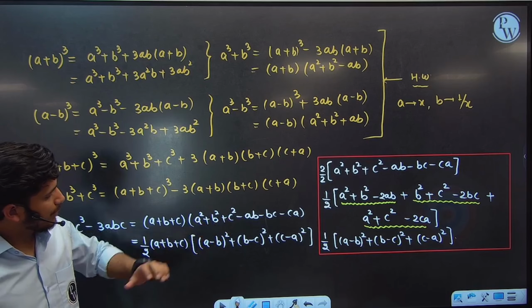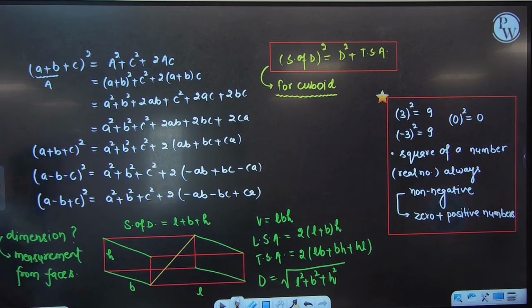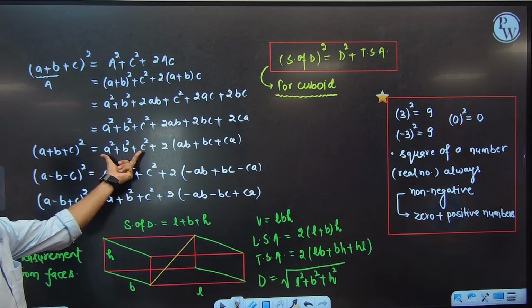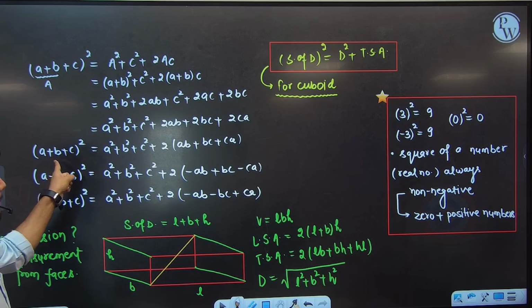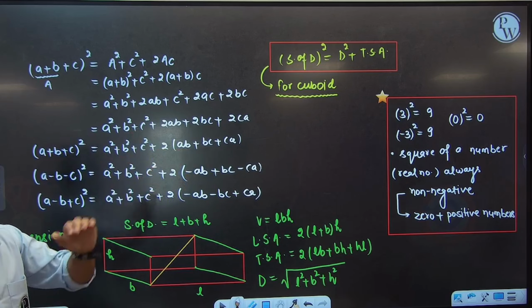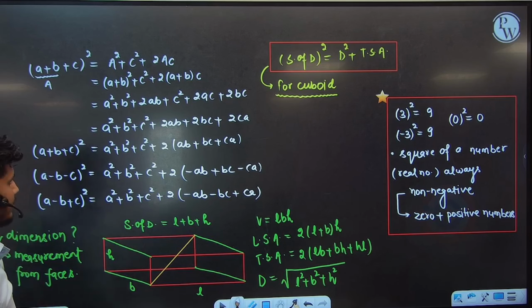a square plus b square plus c square is equal to (a plus b plus c) whole square minus twice of (ab plus bc plus ca). Done? Done.